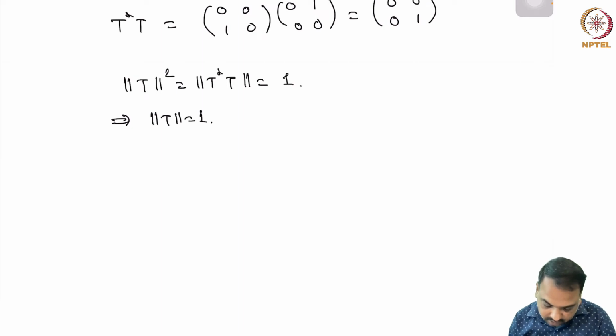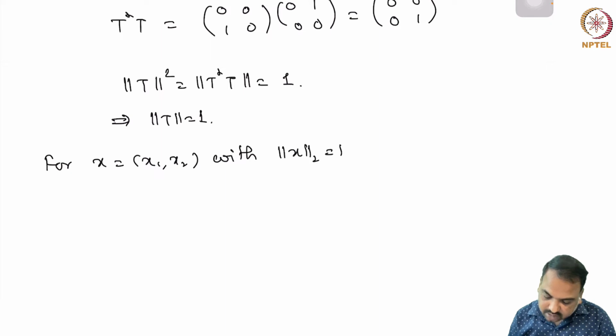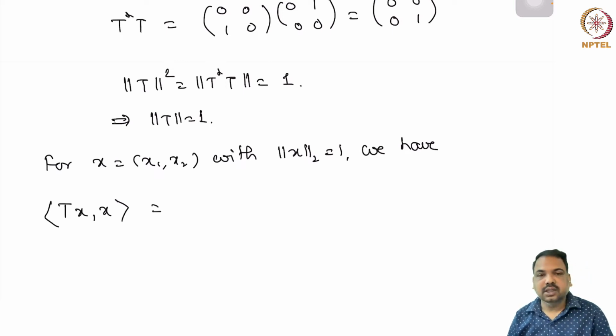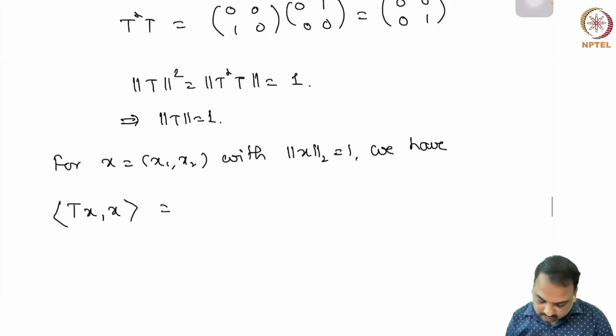So let us take x equal to (x1, x2) with Euclidean norm of x equal to 1. Then we have the inner product of Tx with x. If you look at this, Tx is nothing but (x2, 0).